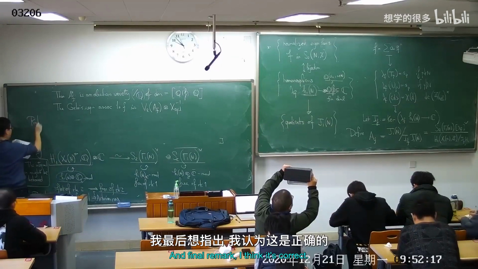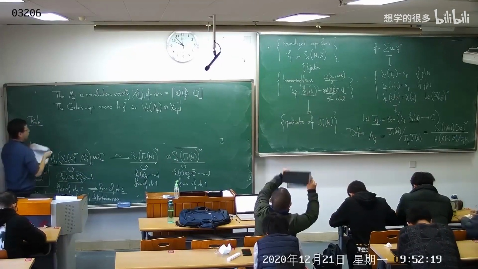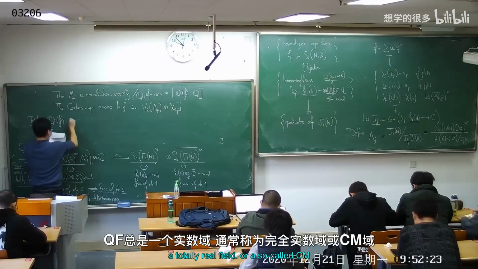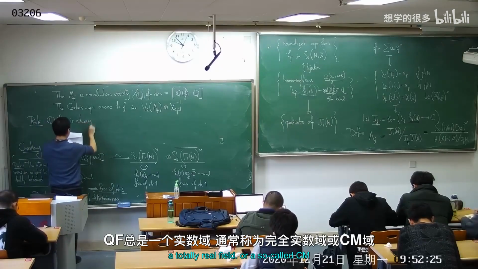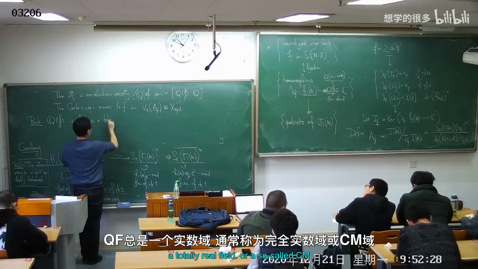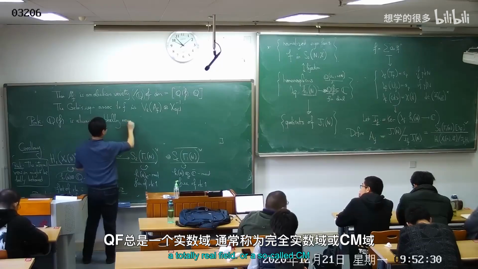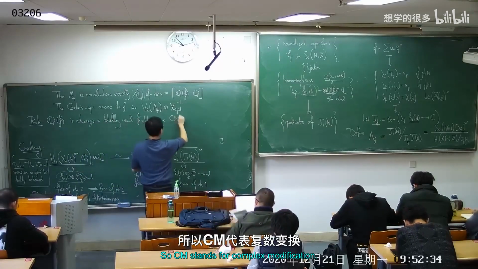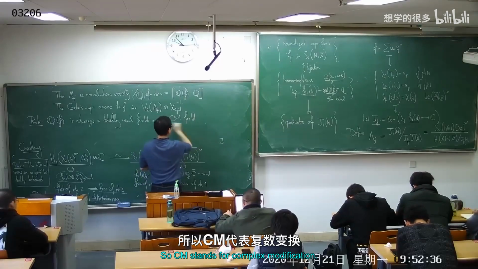And a final remark, I think it's correct: Q_f is always a totally real field, or a so-called CM field. CM stands for complex multiplication.